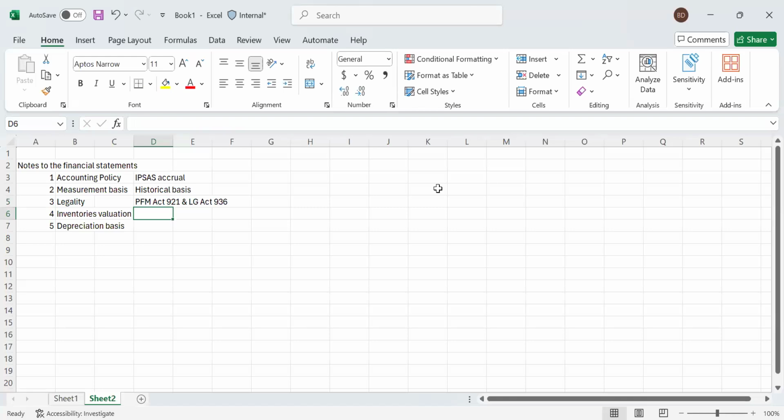So you just say the financial statement has been prepared in accordance with the Public Financial Management Act, Act 921. If it is an MMDA, then you can bring in the Local Government Act. If it is not, there's no need to bring the Local Government Act. So please take note. The Local Government Act only applies when the entity you are preparing for is an MMDA. Otherwise, it's not supposed to be part.